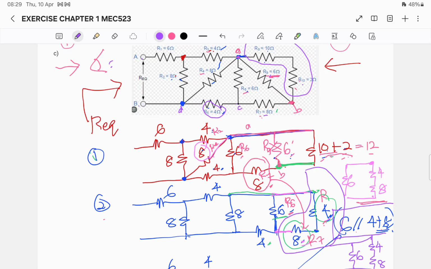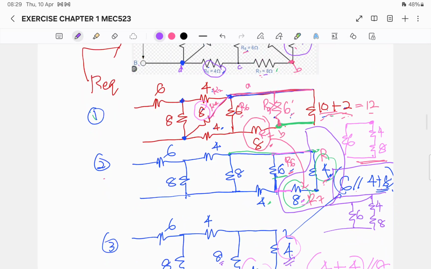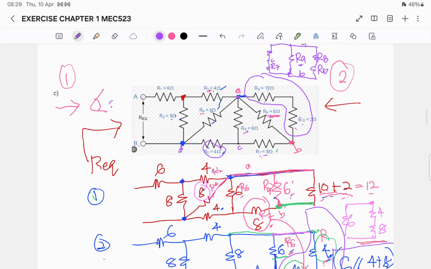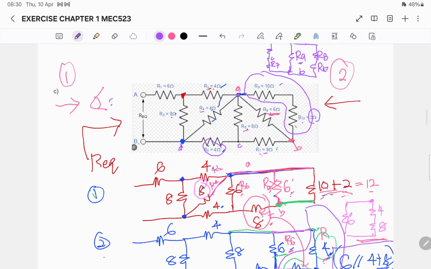It's very full already. First is 10 and 2, 10 and 2 in series, so we have 12.